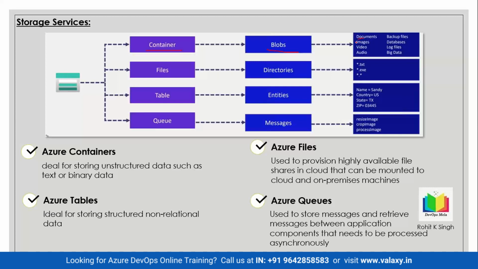So whatever unstructured data you can think of, all those can be stored in a storage account. Anything you want to store as unstructured data, you can store in Azure storage very easily.